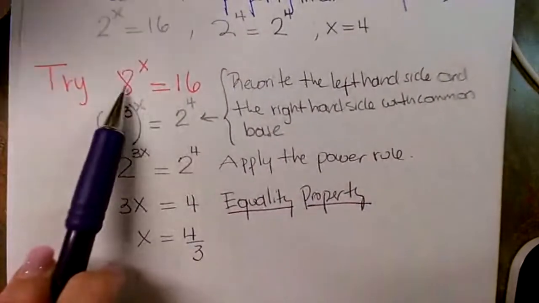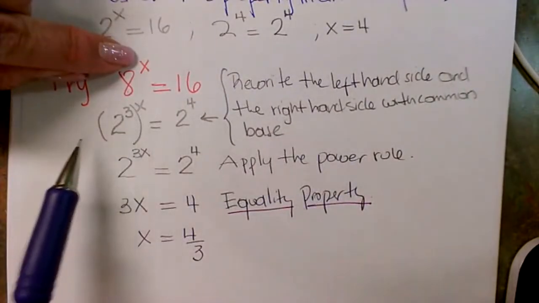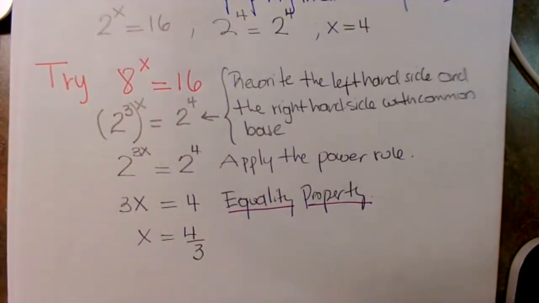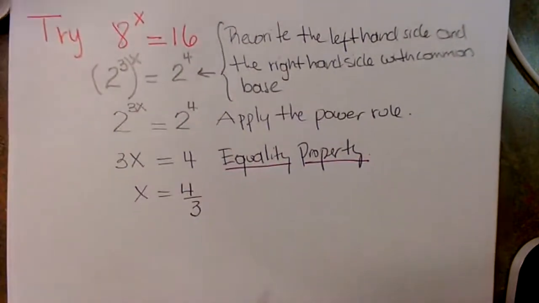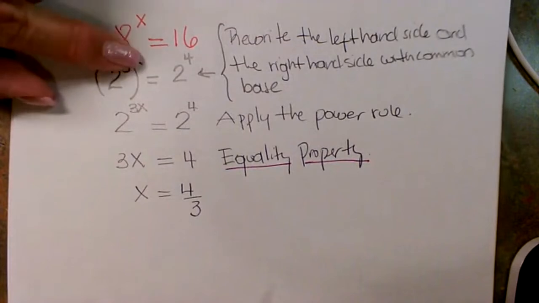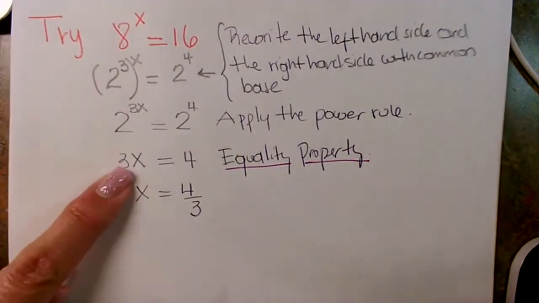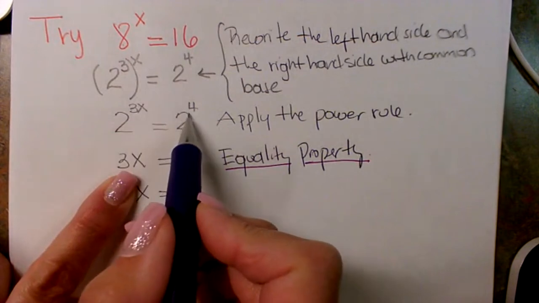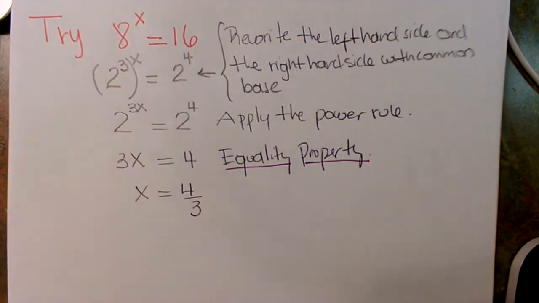But in this one, we cannot do to the second power. So we rewrite the left and the right side with common bases. We just apply the power rule, power to a power. Right here, we have the same base, so we are applying the equality property. So x is equal to 4 over 3.